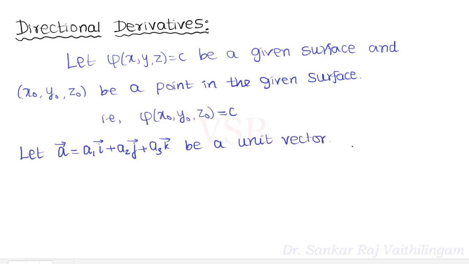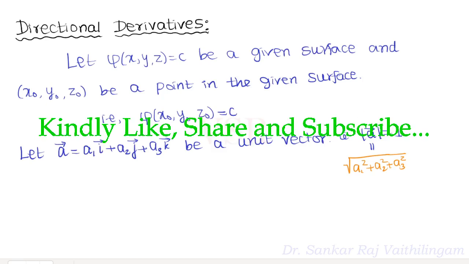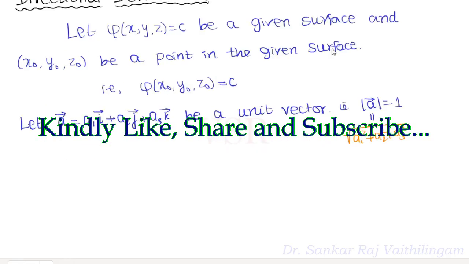That means the modulus of a vector is equal to 1. The modulus of a vector is the square root of a1 square plus a2 square plus a3 square. This is the definition of the modulus of a.